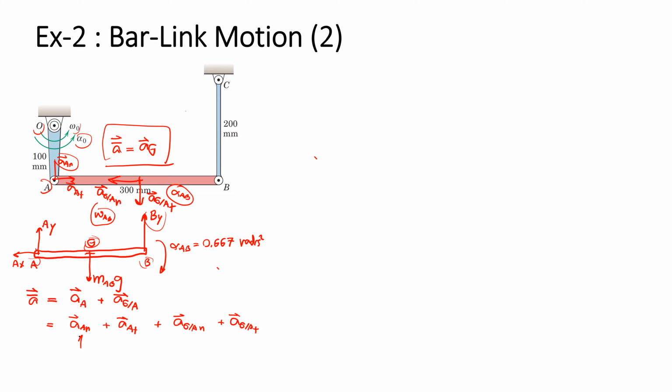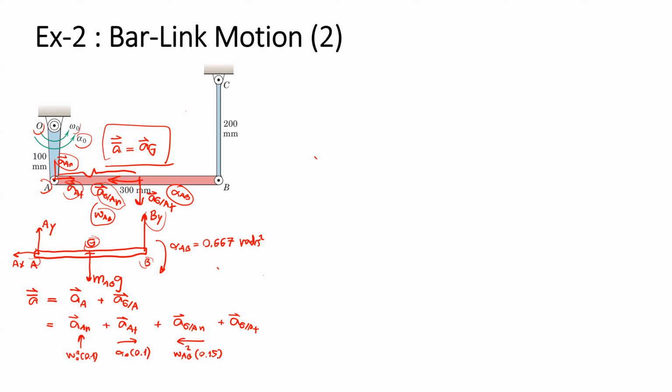AAN is upward with magnitude omega 0 square R. AAT is to the right with magnitude alpha 0 R. AG normal is omega AB square R to the left, where R is the distance here, 0.15.